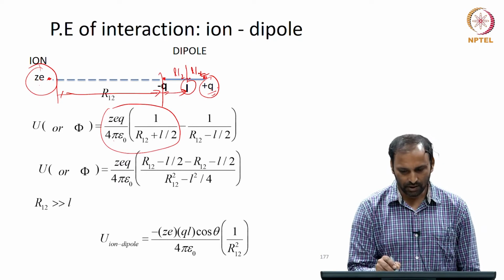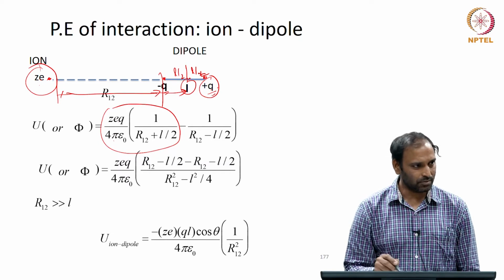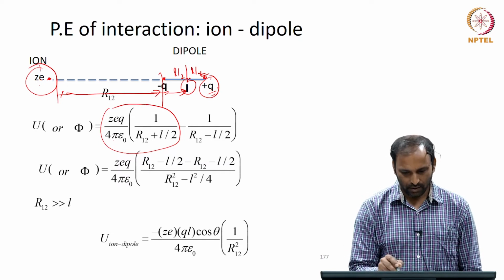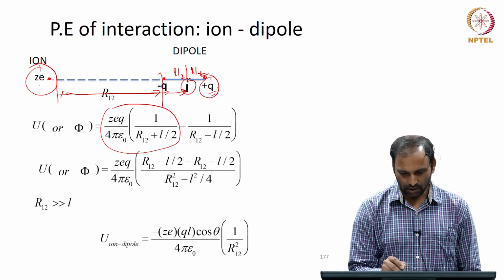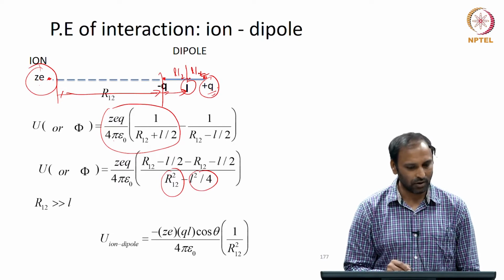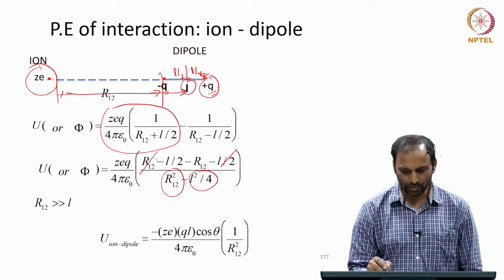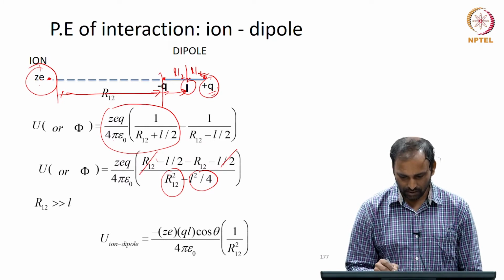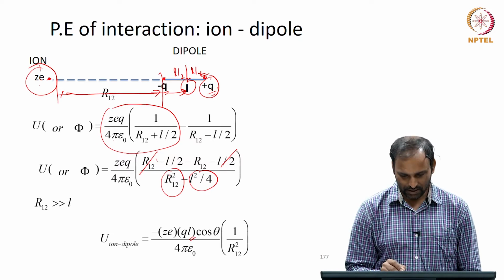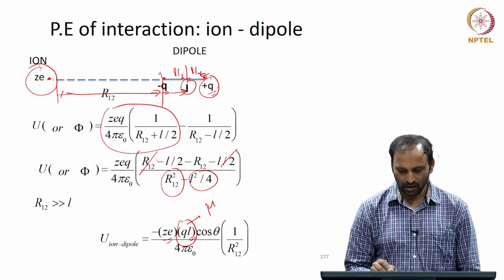Similarly, the other is at a distance R12 minus L by 2, and I can simplify this a little bit. Therefore, your denominator becomes R12 square minus L square by 4, and this gets cancelled. So, minus L by 2 minus L by 2, that is L, and the ZE times Q times L is clubbed because that is the dipole moment, cos theta.